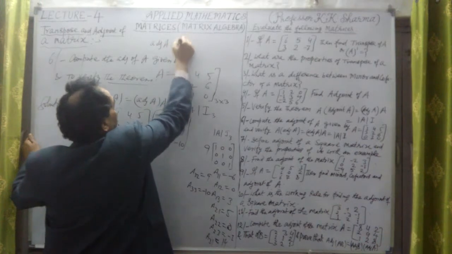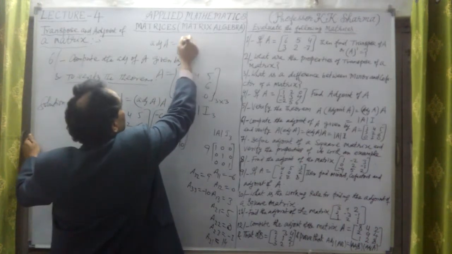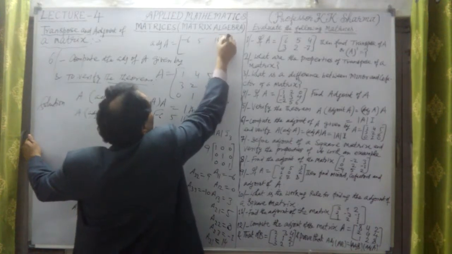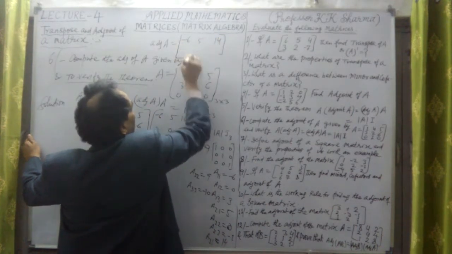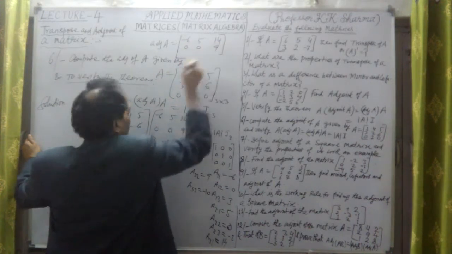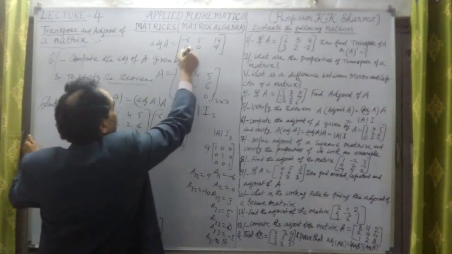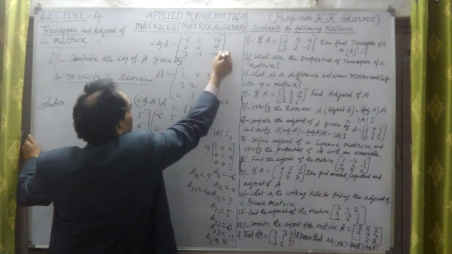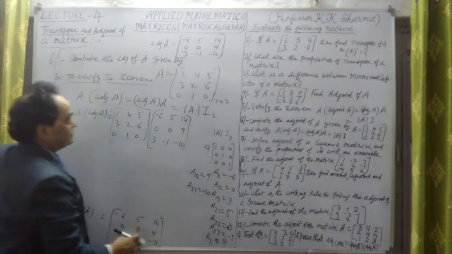Adjoint A equal to minus 6, 5, 14, and then 0, 0, 9, 3, minus 1, and minus 10. So this is adjoint of A in this case.